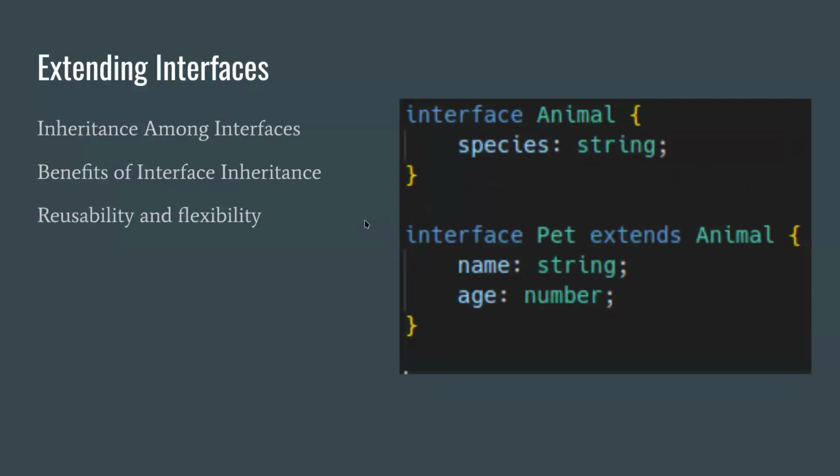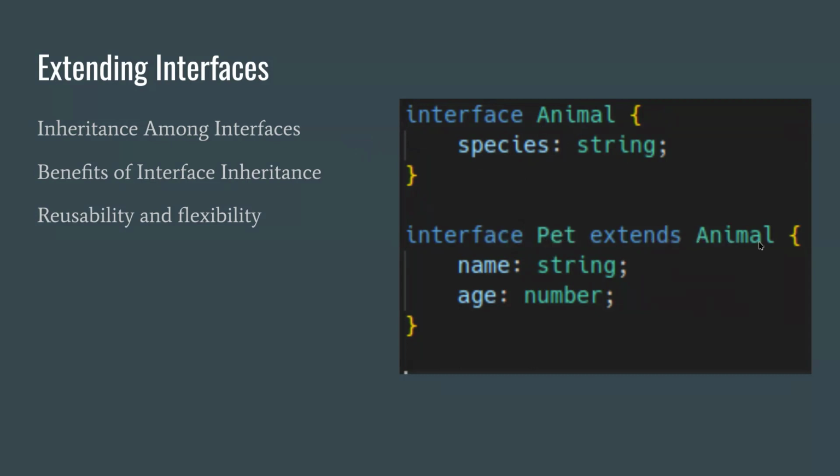Extending interfaces. So interfaces can extend other interfaces, and this allows you to compose reusable components. So for example, we have an Animal interface, and the Animal interface has species, but we have a Pet interface.